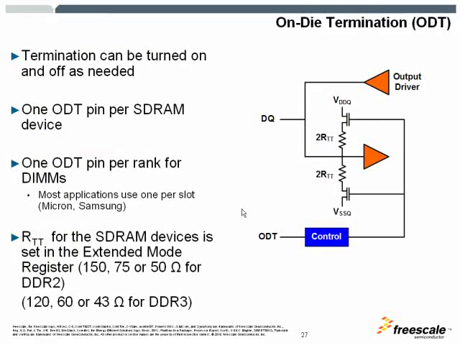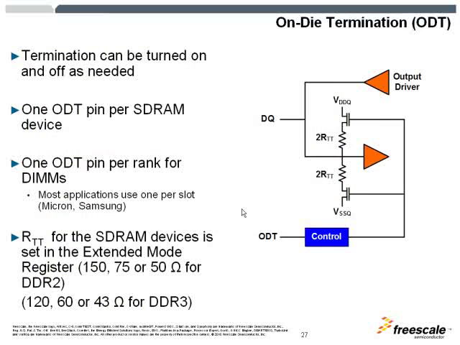The on-die termination is a way to reduce the amount of power consumed and also improve the signal integrity on the SDRAMs and memory controller. Here, as you can see, the termination resistors are turned on and off by ODT signal, and the ODT signal is sent just prior to a read or write command to activate these termination resistors.